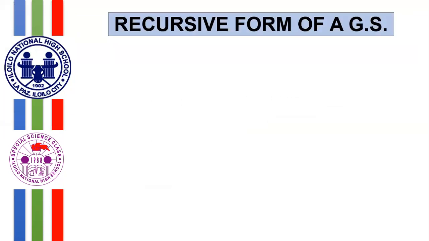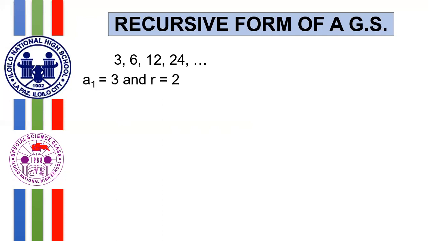So let's talk about the recursive formula of a geometric sequence. I hope you could still remember that when we speak about the recursive form of a sequence, you are actually utilizing a term to get the value of a succeeding term. Let's take for instance the geometric sequence 3, 6, 12, 24, and so on.